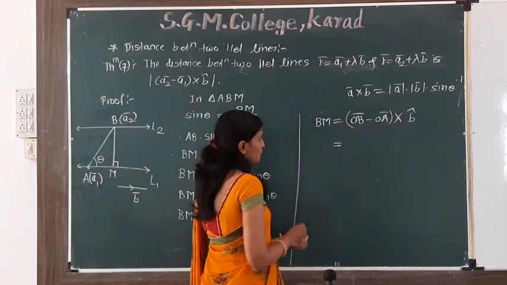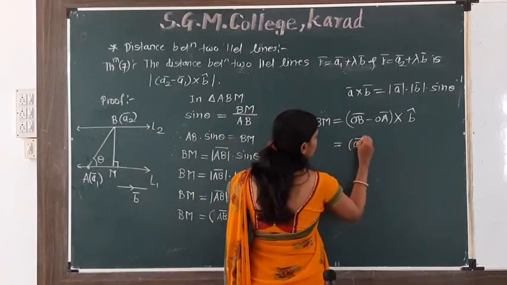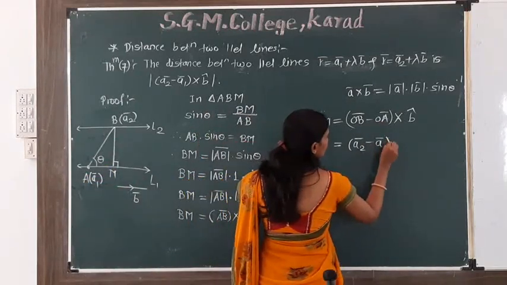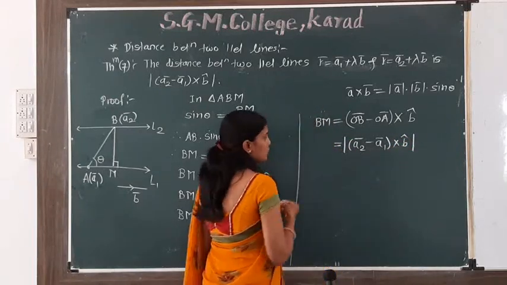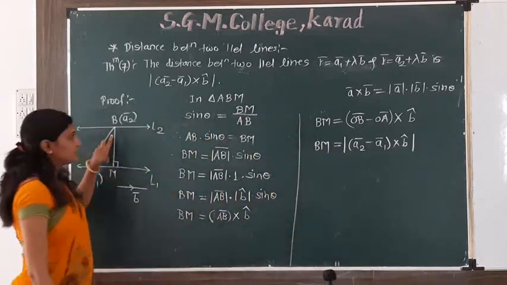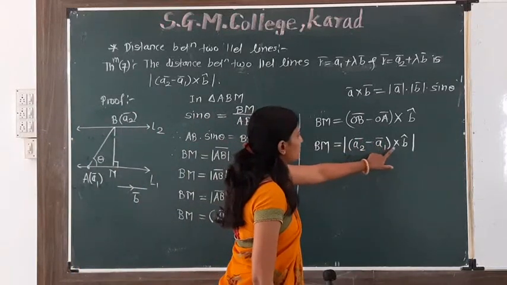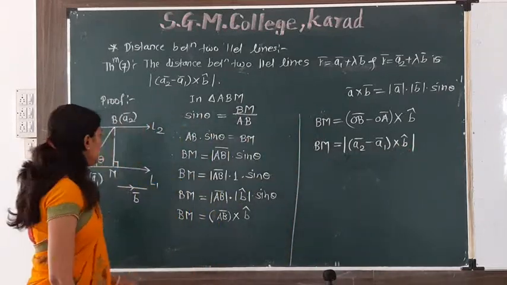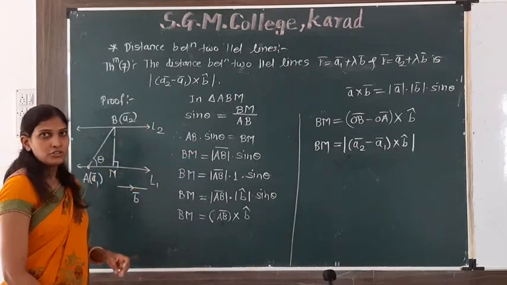OB bar means A2 bar and OA bar means A1 bar, cross B cap, and we have to take its magnitude because it is distance. So the distance BM is equal to the magnitude of (A2 bar minus A1 bar) cross product B cap. This is the formula of the distance between two parallel lines.